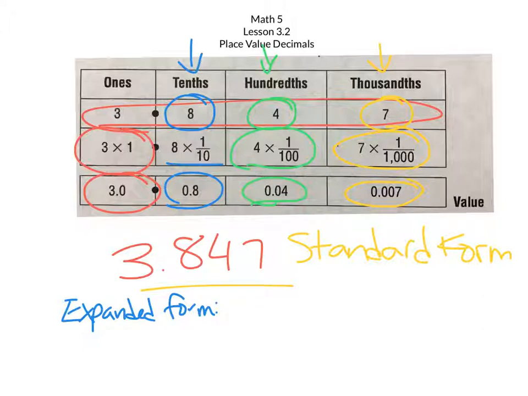The expanded form is where you write it like with the fractions. So you're going to break it down. See the second row? You're going to break it down into each one of these. So I'm going to say 3 times 1 plus 8 times 1/10 plus, what would be my next one?